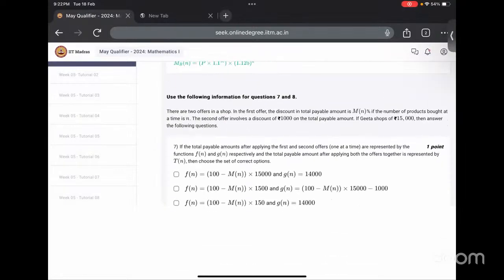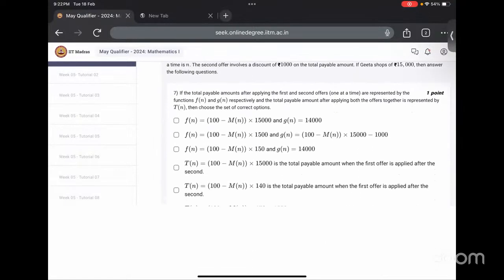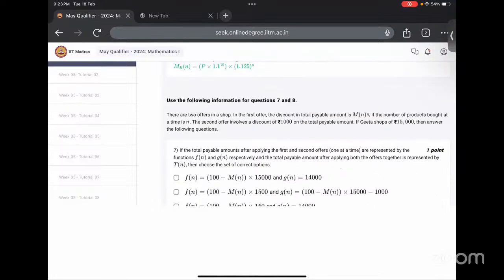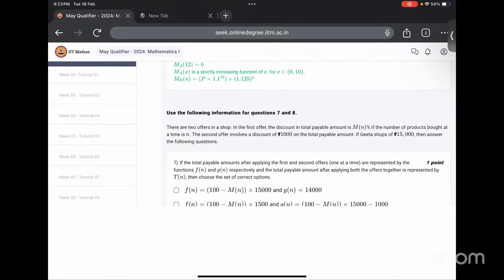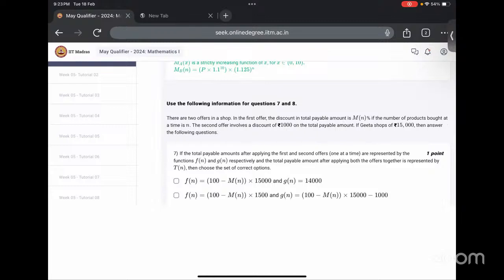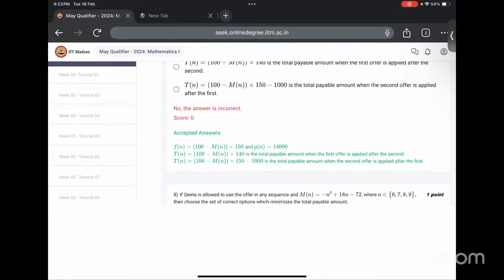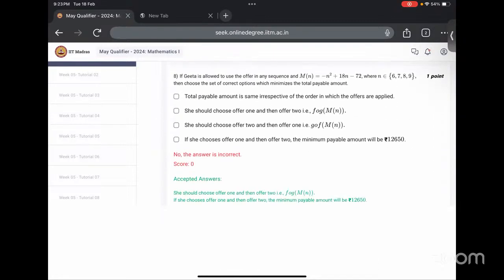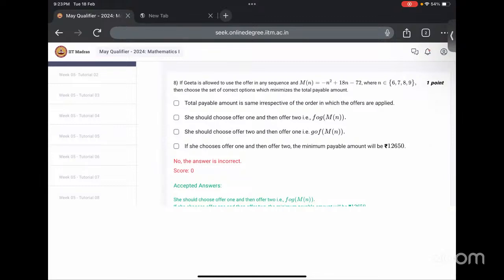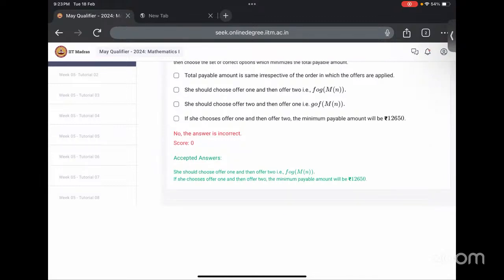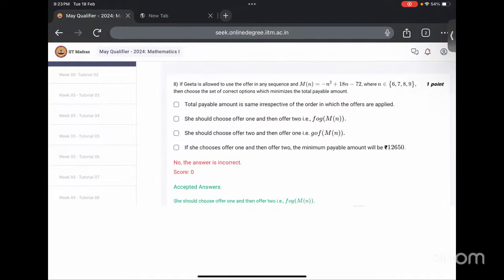What about this one? This is again you can do using this. This is the continuation, right? Here they have given mn, and you have to put the function instead of mn, then check the options.